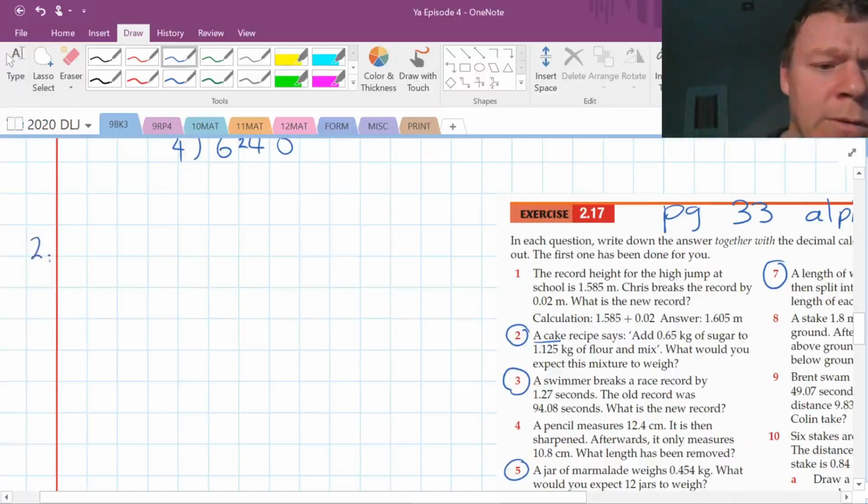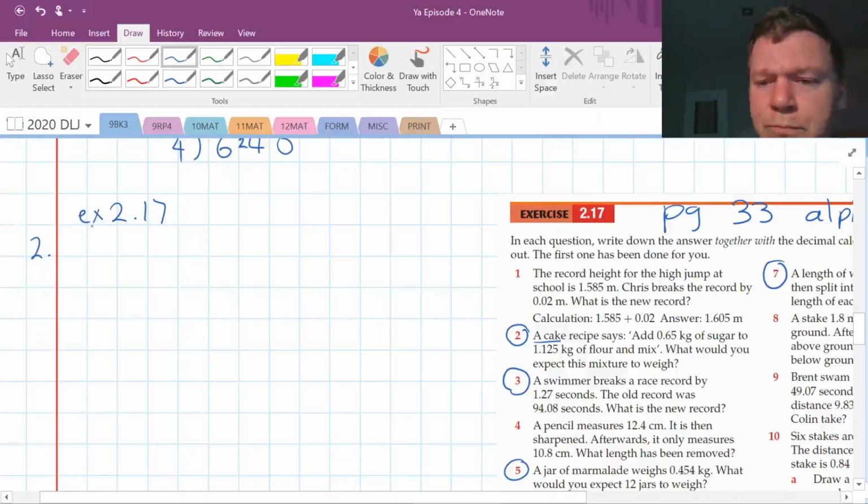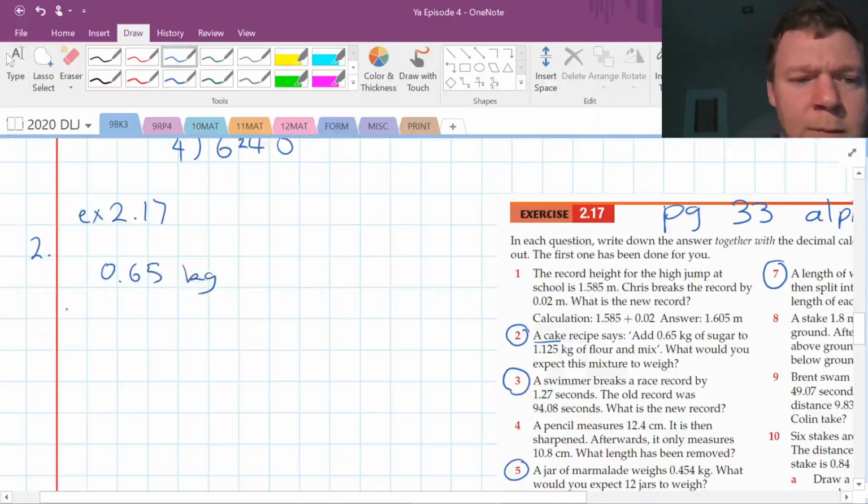So number 2, exercise 2.17. We're going to get 0.65 kg plus 1.125 kg.